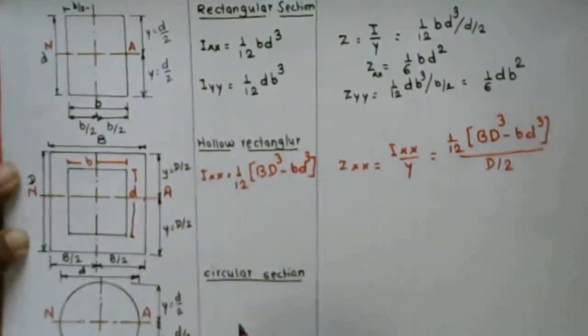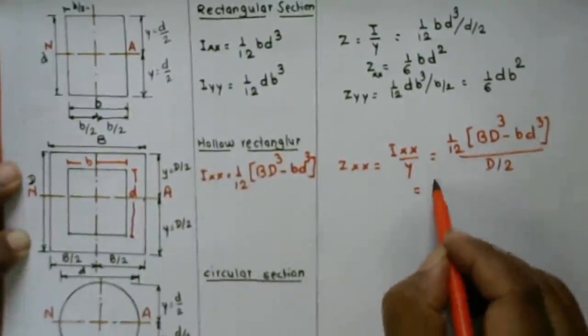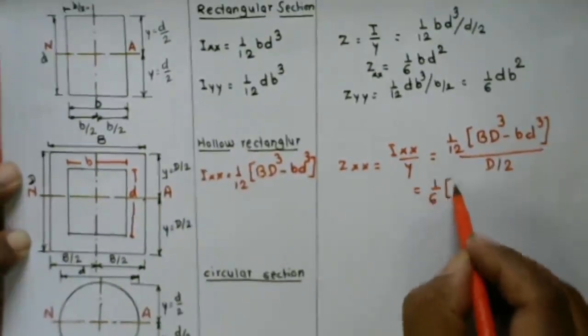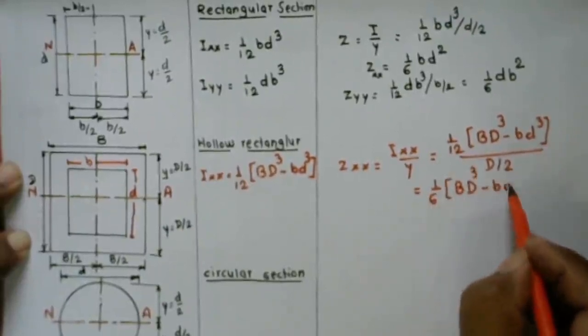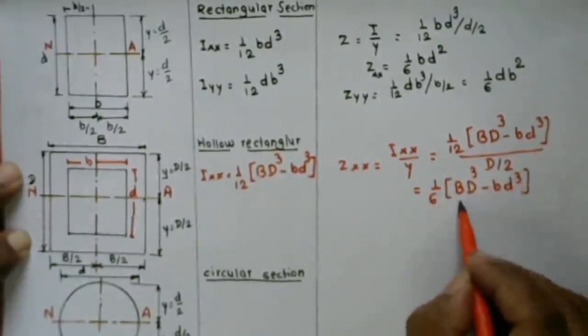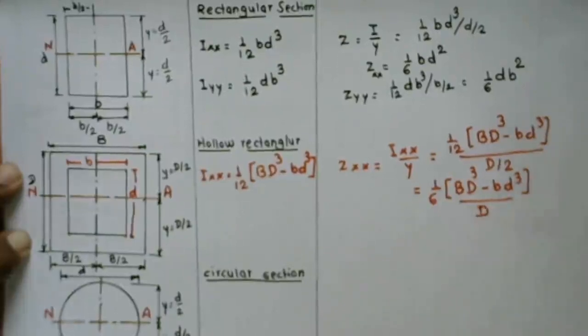Y is equal to capital D by 2. So this becomes 1 by 6 (BD cube minus small bd cube) divided by capital D.